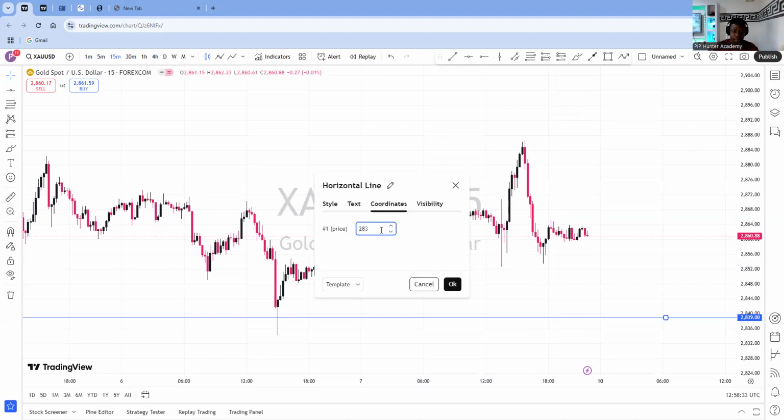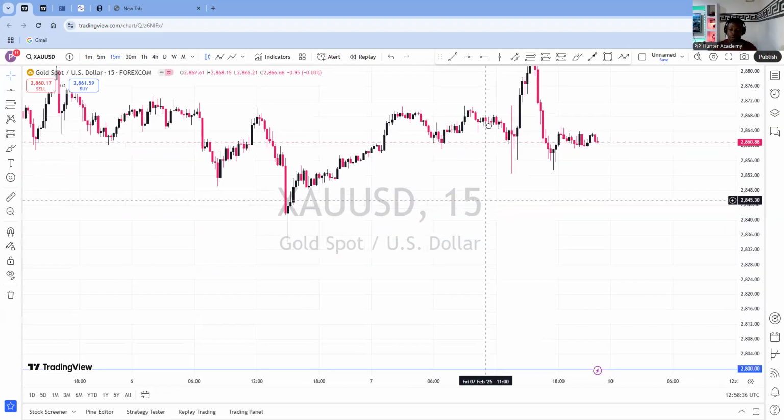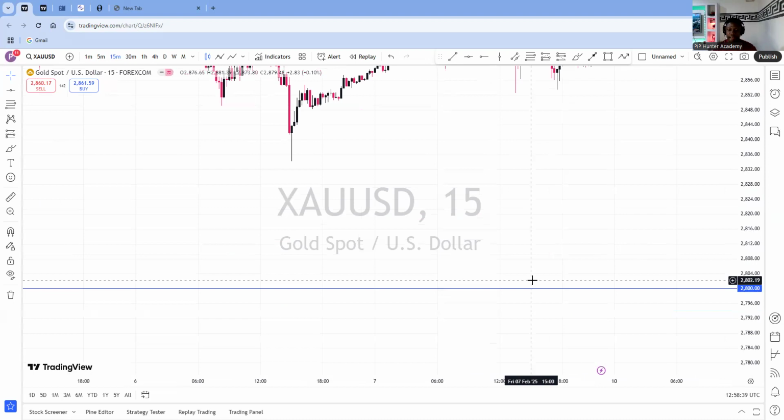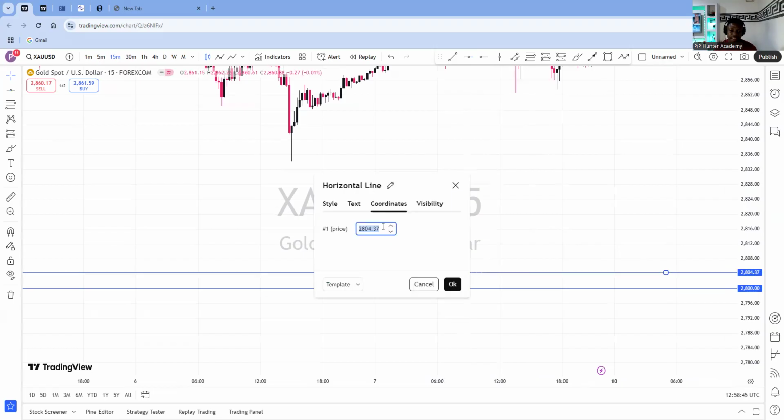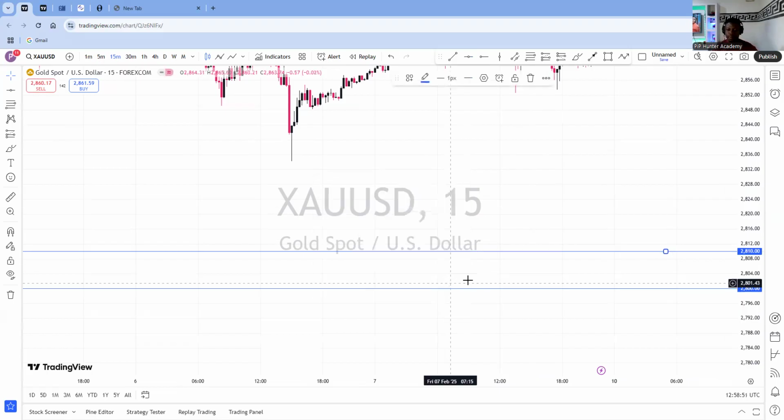Okay, so here is the line. From 2800 to 2810, this is it. And I told you guys that this is 100 pips movement.